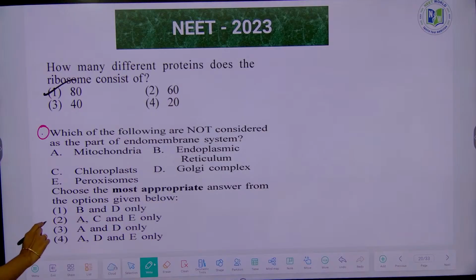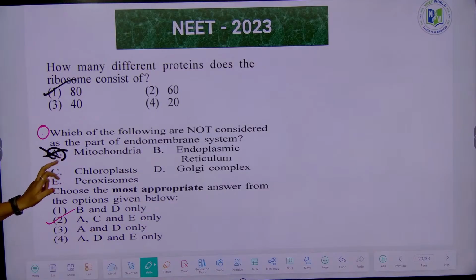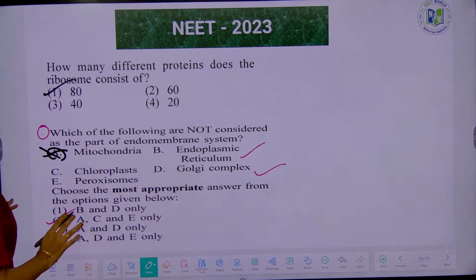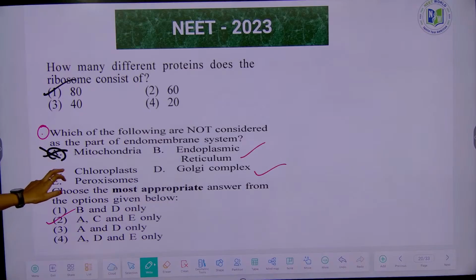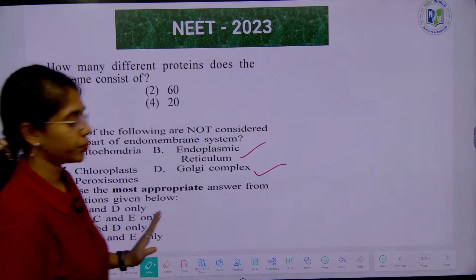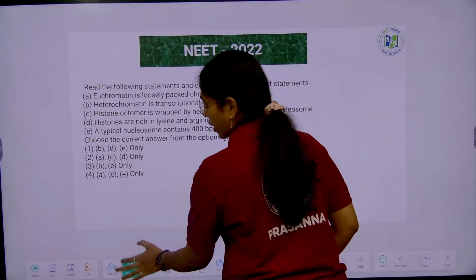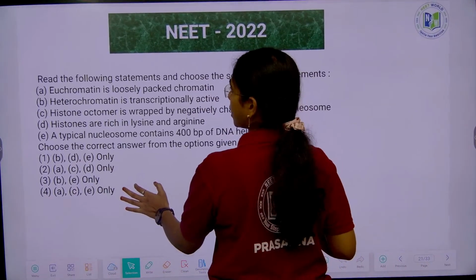Second option, okay. Which of the following is not considered as a part of endomembrane system? Mitochondria is not considered. Endoplasmic reticulum, Golgi bodies are under the endomembrane system. Chloroplast is also not under endomembrane system. Peroxisome is, so A, C, E, option 2. Though you are quick at your response, before answering once recheck. Okay.